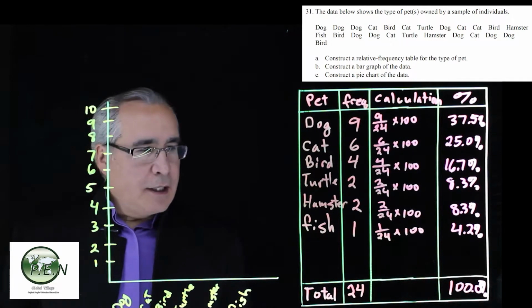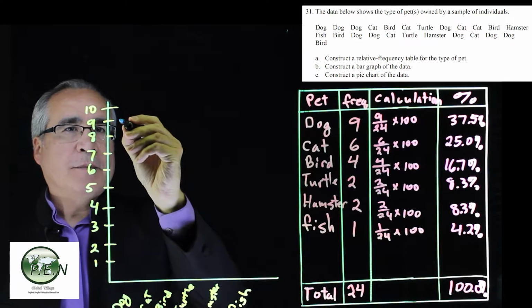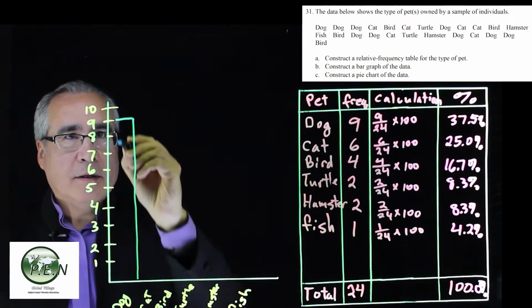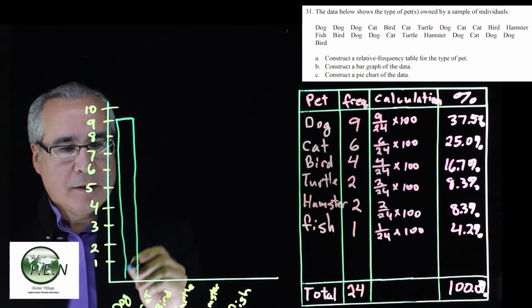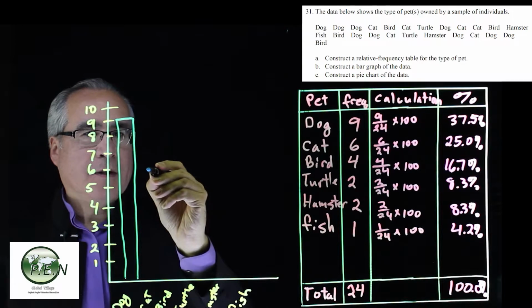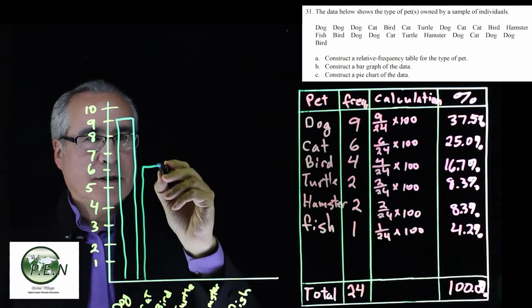And now for the dogs there are 9, so we're going to make a bar that goes all the way up to the 9. For the cats we have 6, so we're going to go up to the 6, and that will be the bar for the cats.